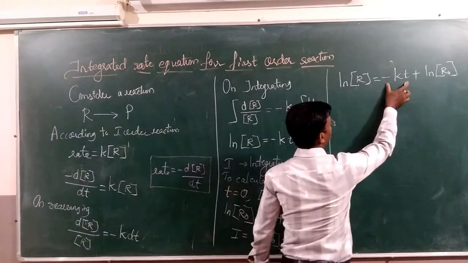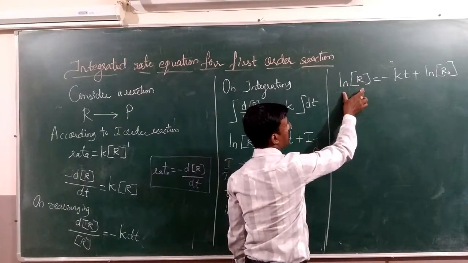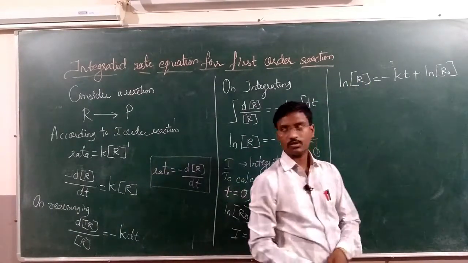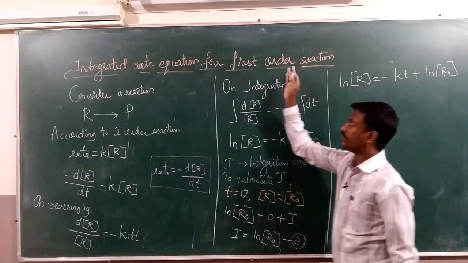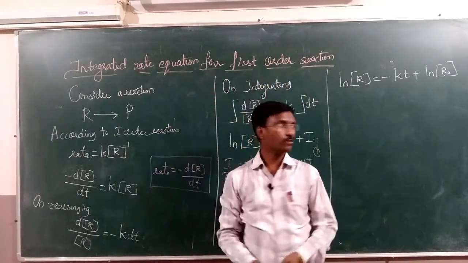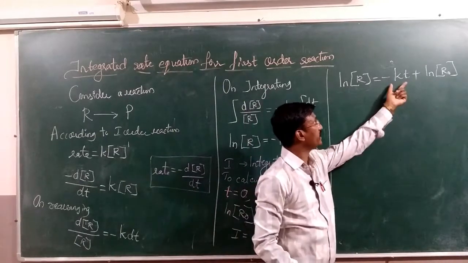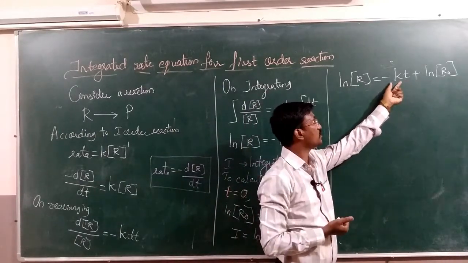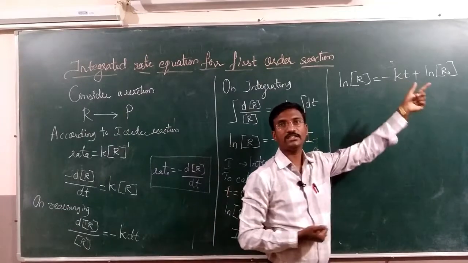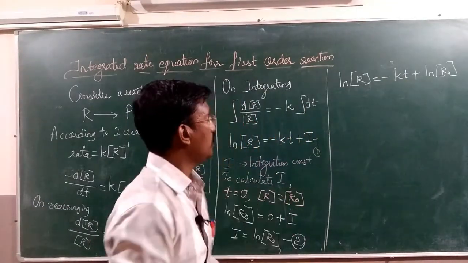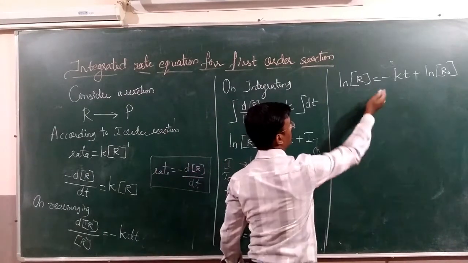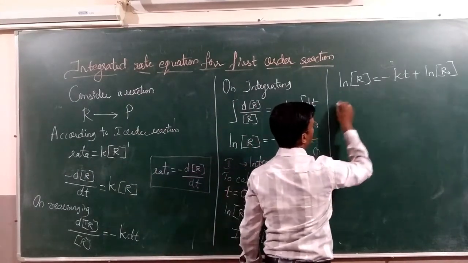So here we are rearranging this expression. We are taking minus k to this side and sending ln R to the other side, because we are going to calculate the integrated rate equation for first order. Means we are calculating the rate expression of this equation. We need k. K is equal to, in that way we have to generate the equation. Therefore, minus kt coming to the left side becomes plus kt.